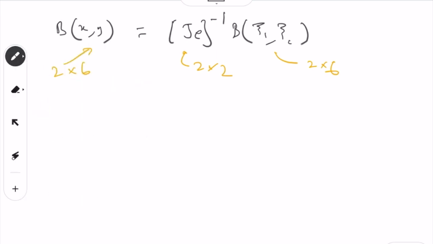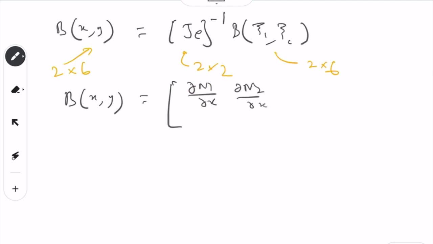So we get K. We can write B xy equal to del N1 over del x, del N2 over del x, to del N6 over del x, and del N1 over del y, del N2 over del y, to del N6 over del y.